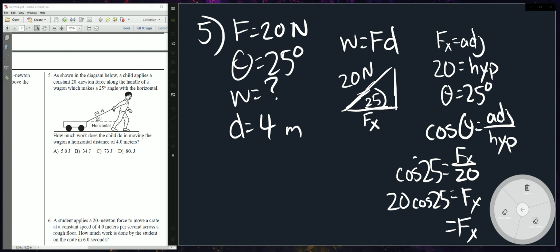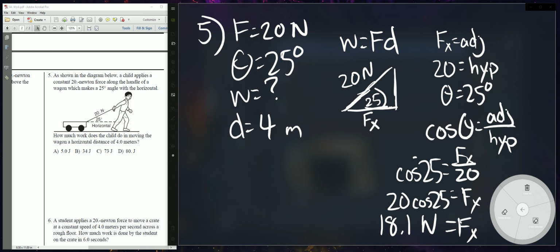It's really difficult when you don't have an actual calculator. Hold on, I'm just going to use Google. Give me a second. 20 cosine 25 degrees. It's going to give you 18.1. God, that took a long time. 18.1 newtons. So that's your force in the horizontal direction.